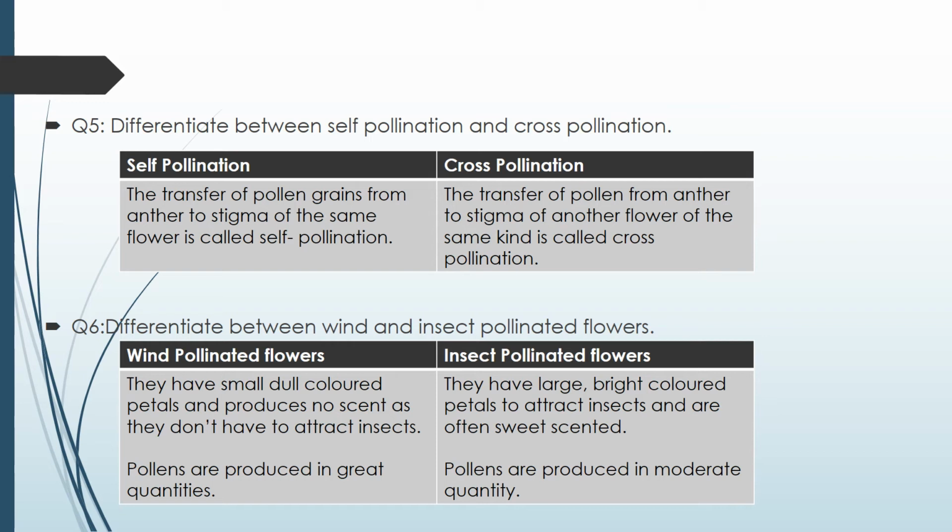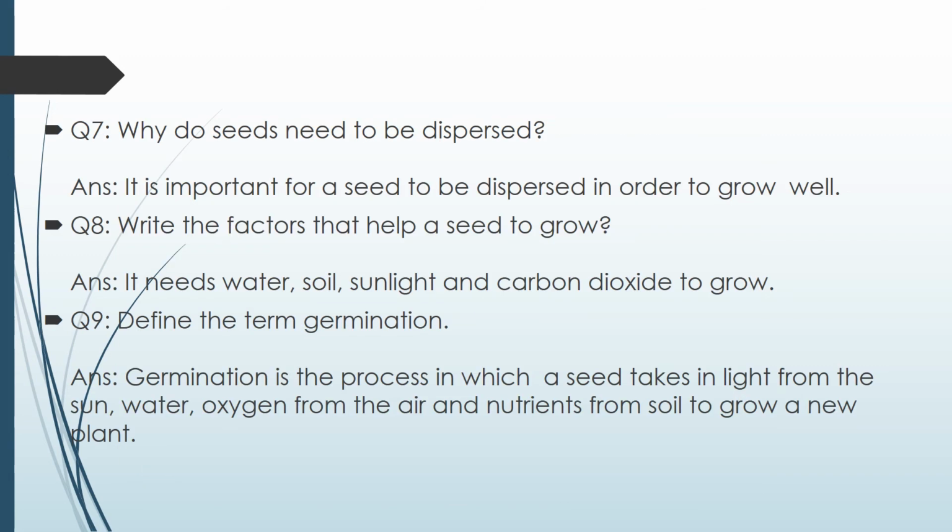Whereas insect pollinated flowers have large bright colored petals to attract insects and are often sweet scented, so that the insects will be attracted towards them. Pollens are produced in moderate quantity because there is less wastage of pollens in insect pollinated flowers.